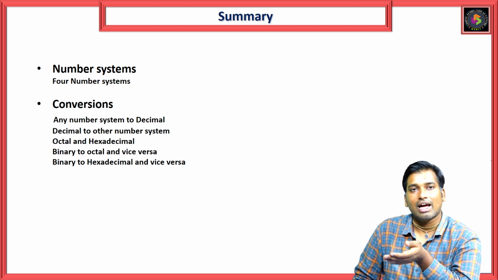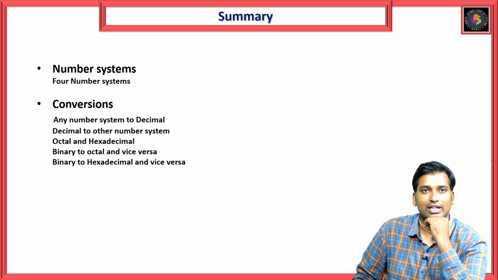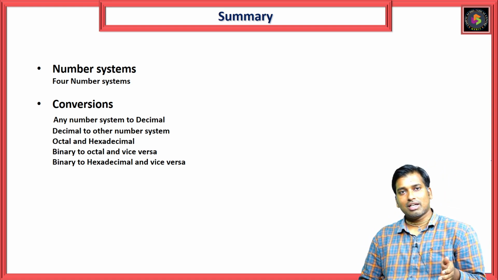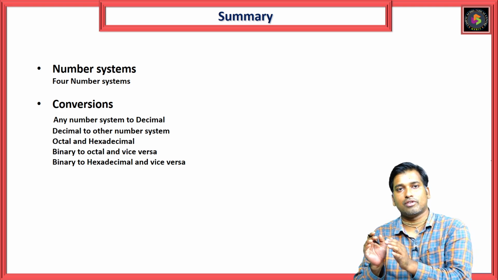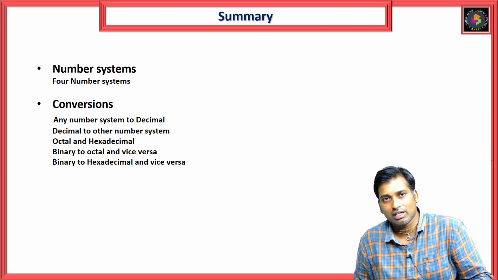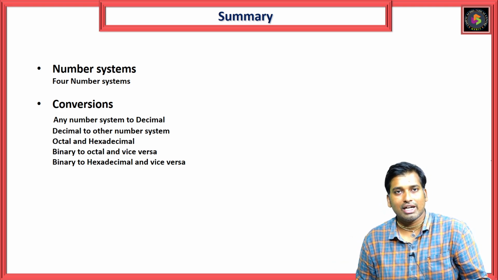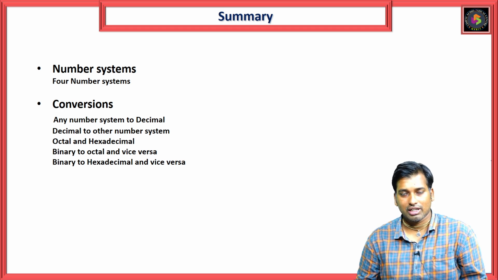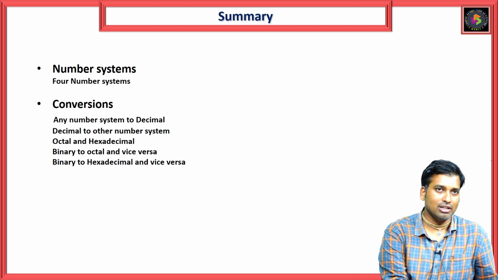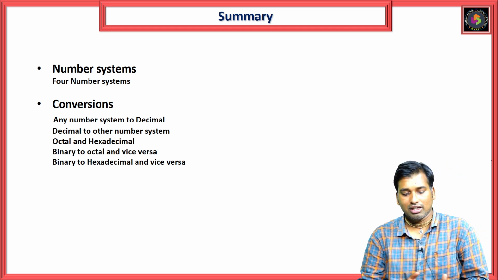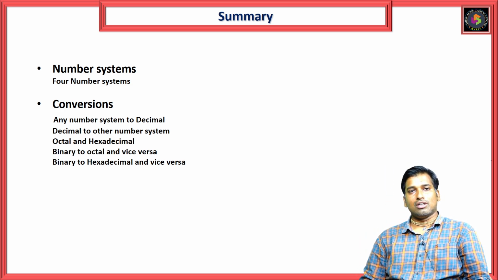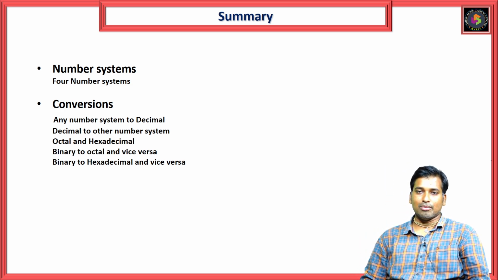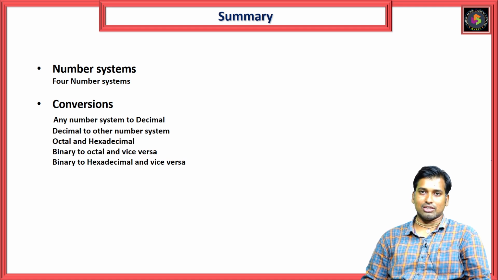Because they have their own advantages, wherein octal and hexadecimal numbers are the representation of the compressed form of the binary number system. In octal we use 3-bit binary data to represent octal. In the case of hexa, we use 4-bit binary to represent the hexadecimal number system. So this is how we have learned different number systems as well as their conversions.